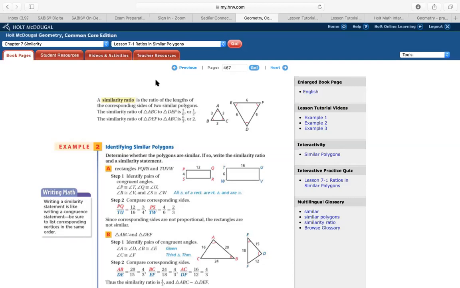The similarity ratio of angle ABC to angle DEF is 3/6. When we divide the two corresponding sides of the triangles and I get the same number 3 times, they are called similar. This number is called similarity ratio.